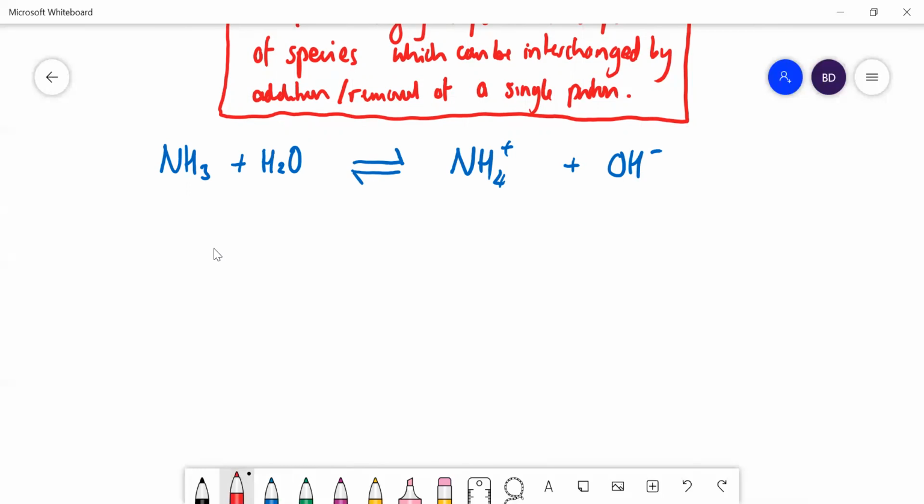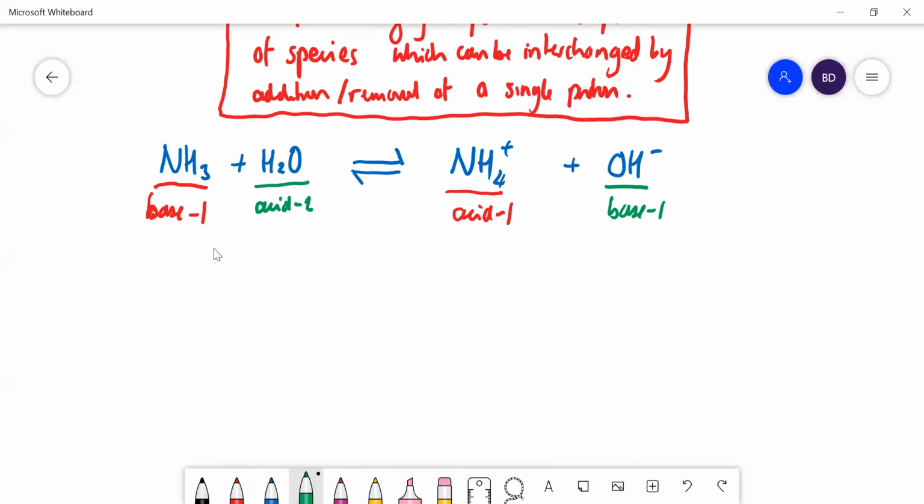We've got NH3 and NH4 plus. They're interchangeable by addition of a single proton. NH3 is the base, because it accepts a proton, base 1, so NH4 plus will be acid 1, its pair. And then the water gives away a proton, so that's acting as an acid, acid 2. And there's its conjugate base, base 2, the OH minus ion.